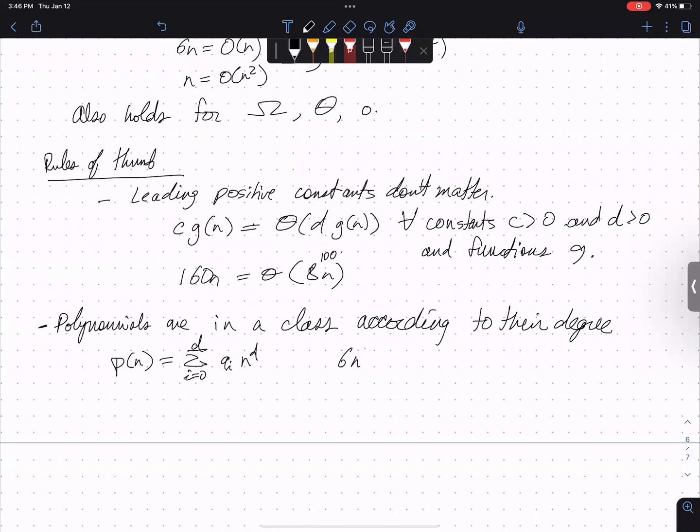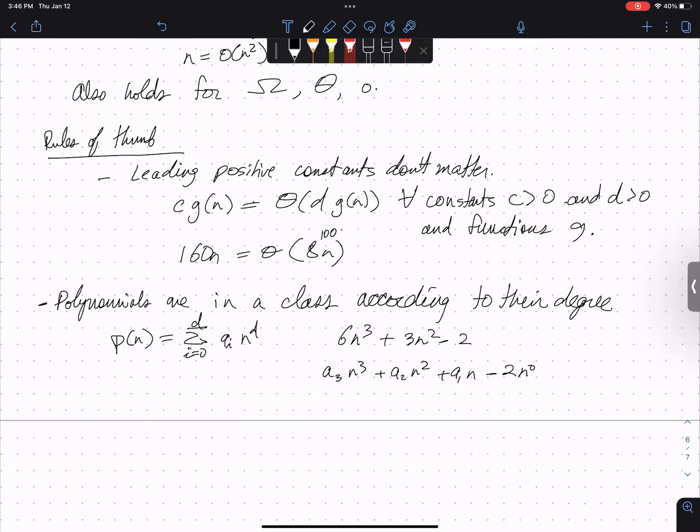If you have 6n cubed plus 3n squared minus 2, you can write this as a3 n cubed plus a2 n squared plus a1 n plus a0 n to the 0.